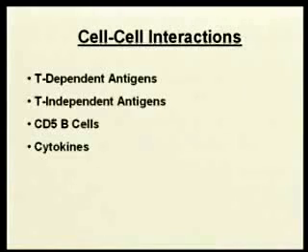With the T-independent antigens, a particular cell population known as the CD5 or B1 cells plays a big role in the response. The last part will kind of put you to sleep, discussing many cytokines and what their role is in the immune response. Okay?